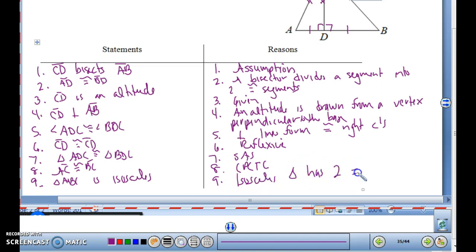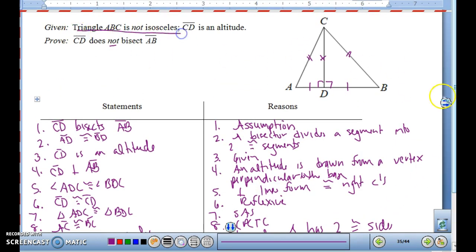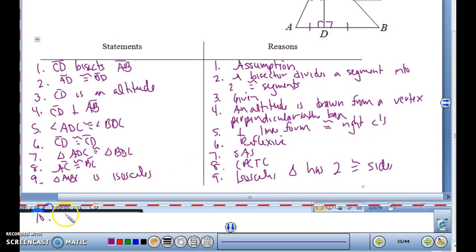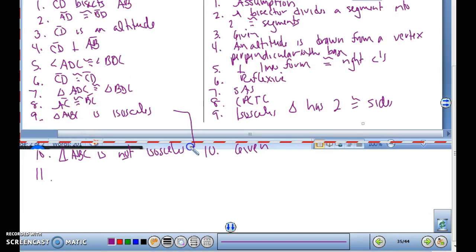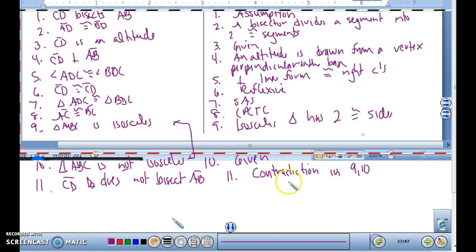But the problem is we have a given here that says it is not isosceles. That is what's called a contradiction. We proved something that isn't true. So that means that what we tried to assume is false. So we can say CD does not bisect AB, and therefore my assumption is false, and what I wanted to prove is true.